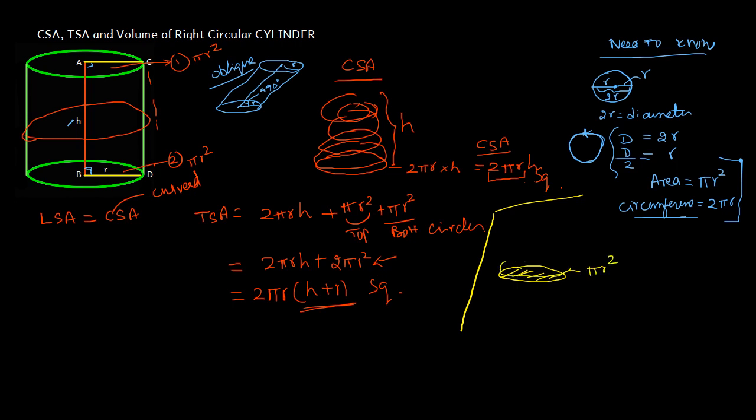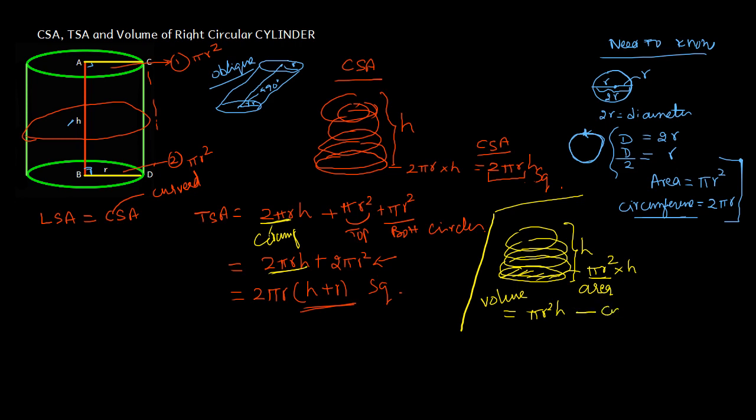If I keep on stacking circles on top of circles, I get my height, the number multiplied by the height. Remember, this was area, and earlier it was circumference. So now pi r square h, that's my volume. Simple. So that's cubic units.